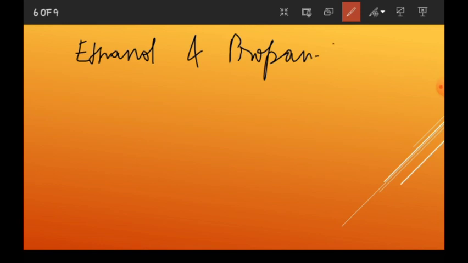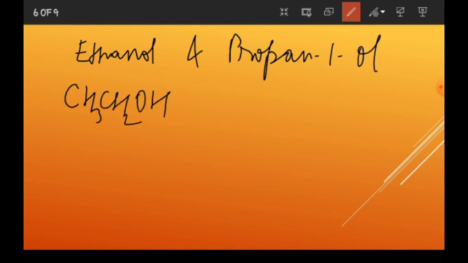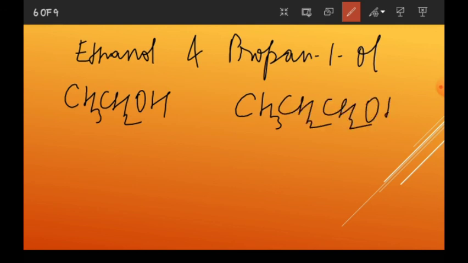See children, suppose the question says to distinguish between ethanol and propan-1-ol. If you write down the structures, this is ethanol, CH3CH2OH, and this CH3CH2CH2OH is known as propan-1-ol. Now since this is an alcohol, we could use the Lucas test, but in this case both are 1 degree alcohols, so the Lucas test can't be used.